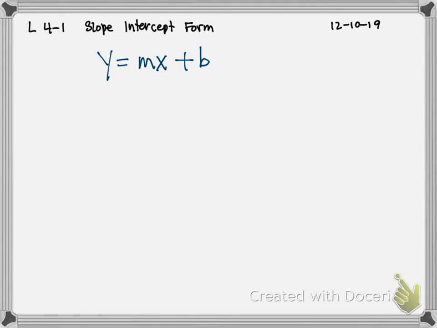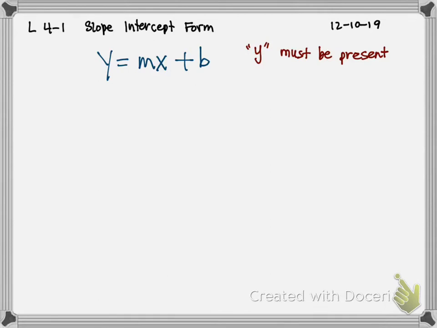So obviously, for it to be slope-intercept form, you have to have a y. If you don't have a y present, then you cannot use slope-intercept form. It would just be x equals a number, which would be a vertical line. So you have to have a y present.